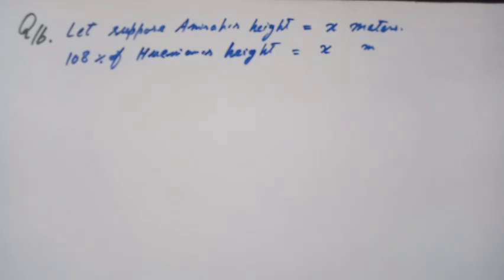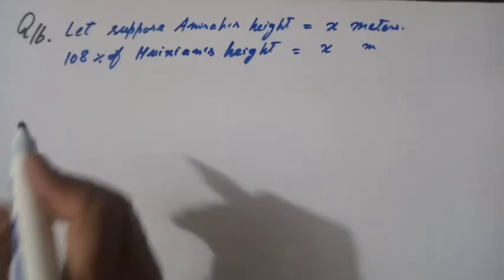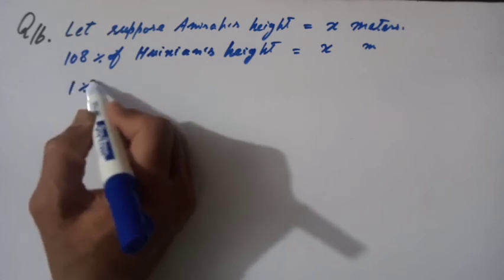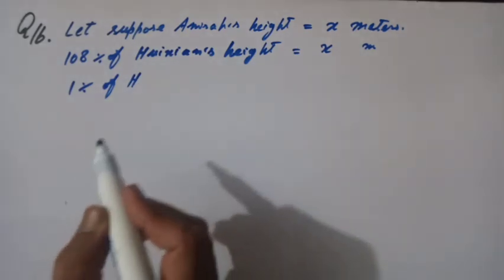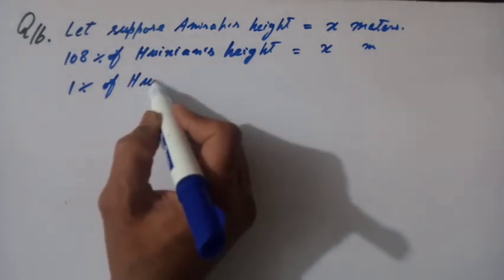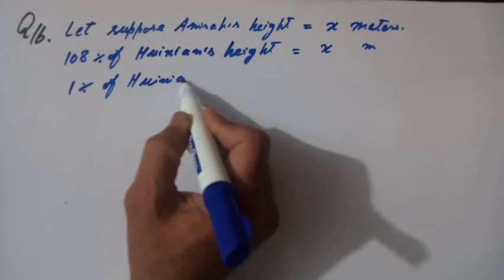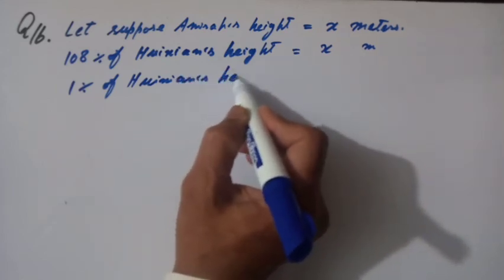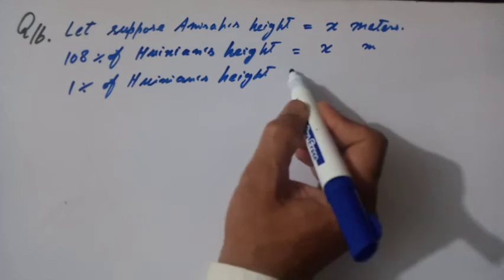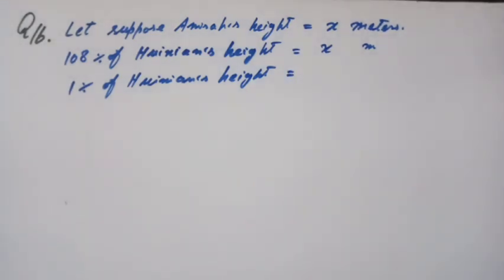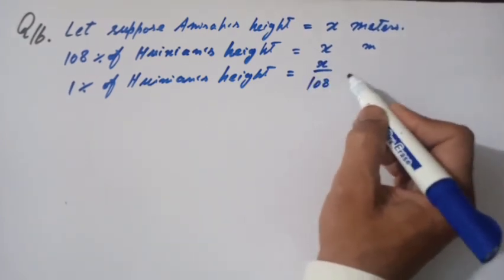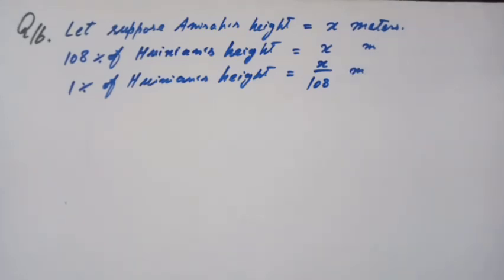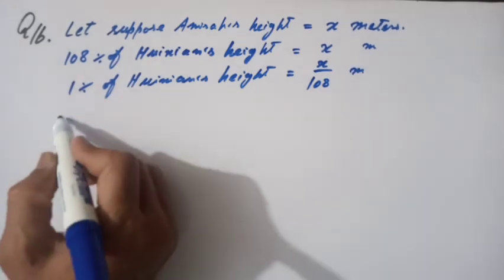Then now 1% of Hugesian's height is equal to x by 108 meters, right?